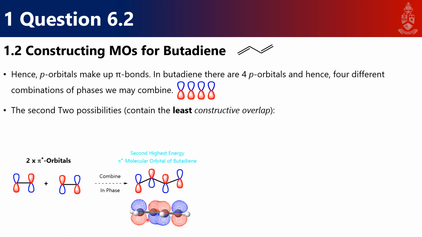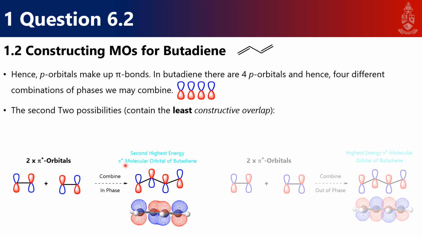You see these 2 are overlapping, these ones are on their own. That's why it's the second highest energy pi star molecular orbital. This means it's an antibonding pi molecular orbital. And then finally, if all of them are out of phase, so in other words, if you look at the sine curve, that is what describes it, you can see all of them are out of phase, and that is how your molecular orbital looks.